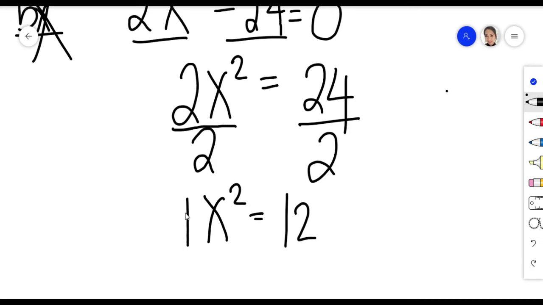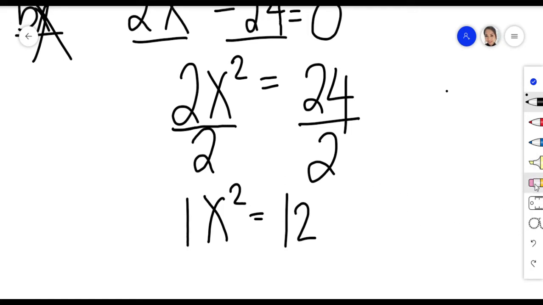Now, we know that if we have a coefficient 1 beside our variable, we could just write it in an invisible form.